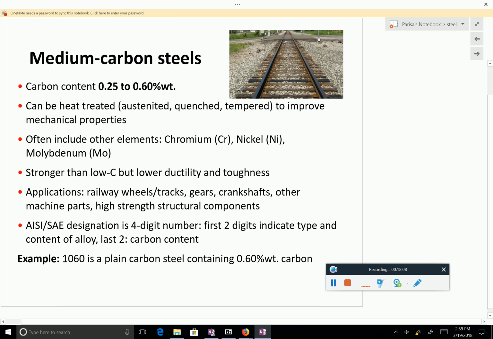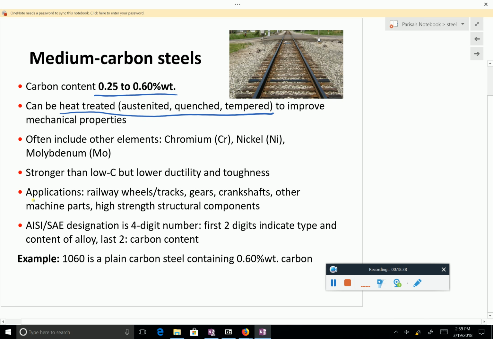And now we can move to medium carbon steel. So low carbon steel, medium carbon steel. And of course, medium carbon steel has a little bit more carbon than low carbon steel, as the name suggests. We don't expect anything different. It's typically obtained using heat treatment, quenched and tempered, and it can have other elements.